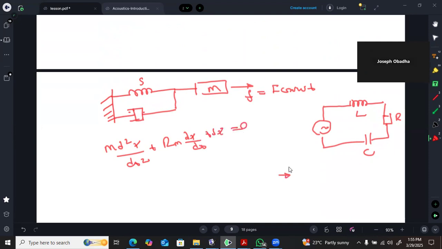Then for the electrical circuit, I will have L d squared q by dt squared plus R dq by dt plus 1 over C q equal to V cos omega t.